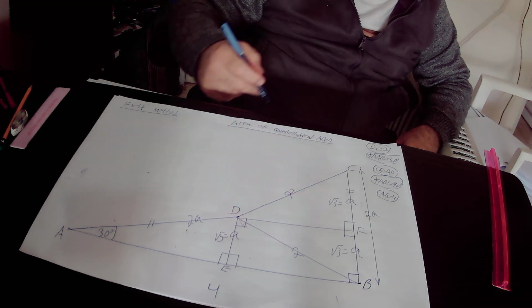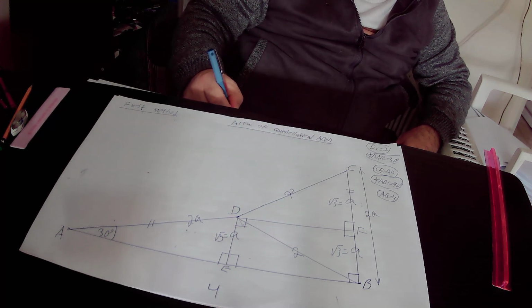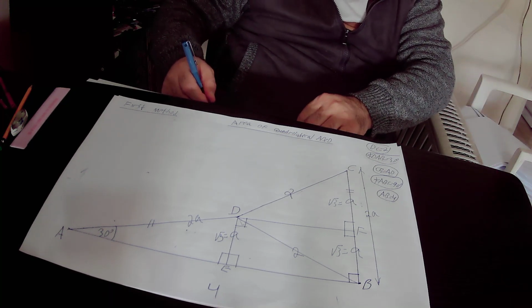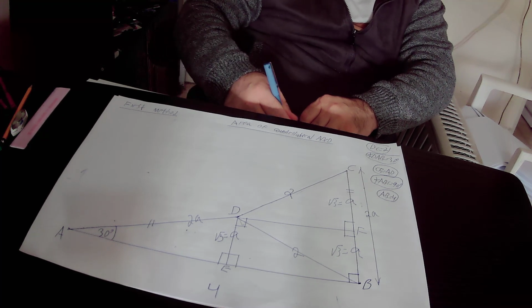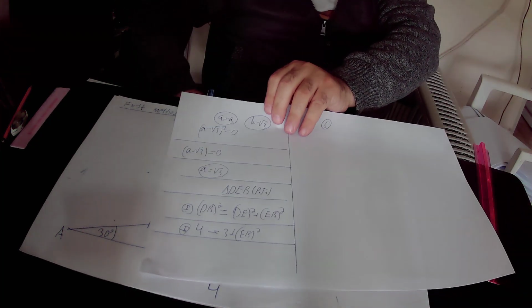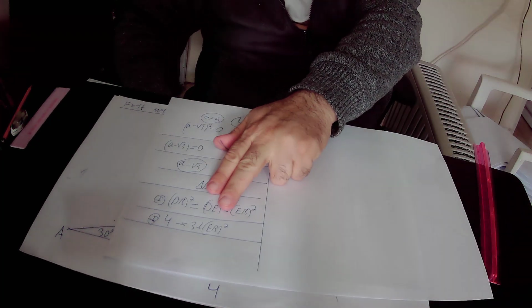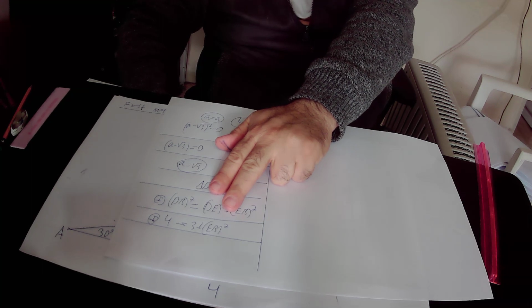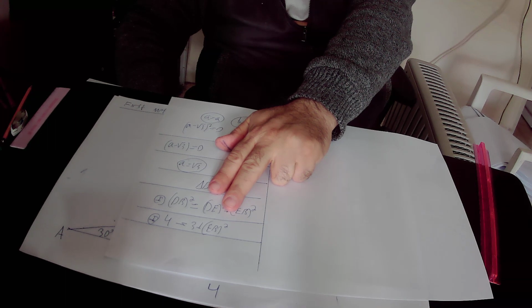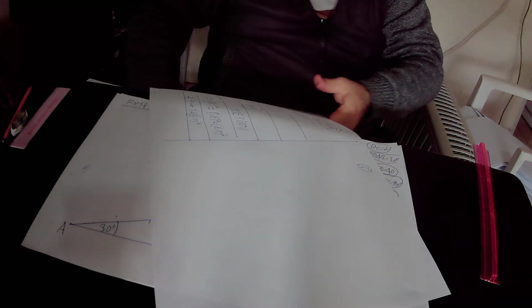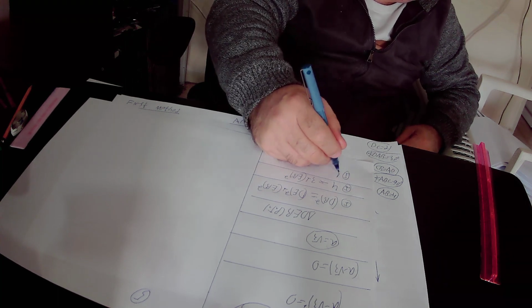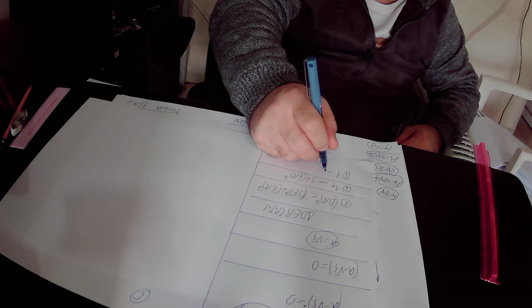So I found out that according to equation number 1, 4 equals 3 plus EB squared. Here we will subtract 3 from this equation number 1, and we will get that 4 minus 3 is 1 equals EB squared.